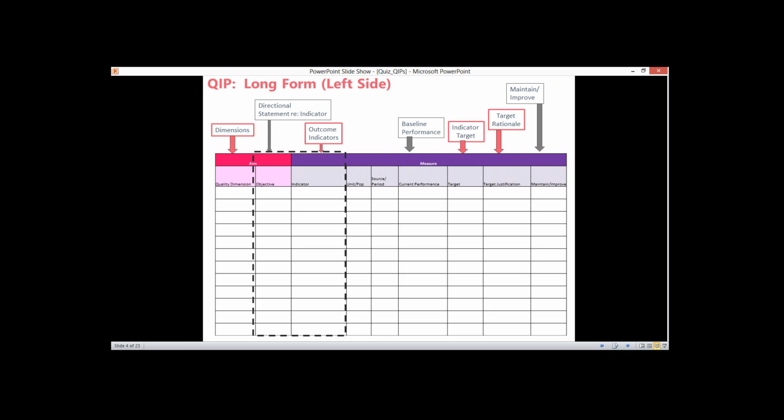Under the indicator column, the guidelines indicate that there are generally priority indicators defined by Health Quality Ontario that are already embedded in the portal.